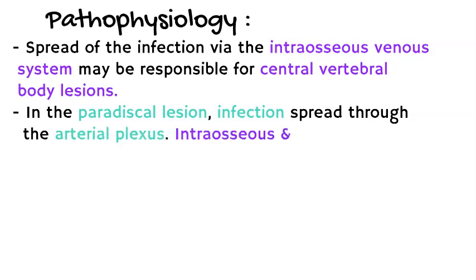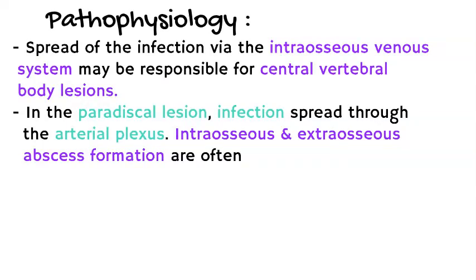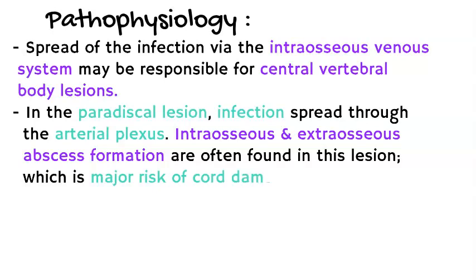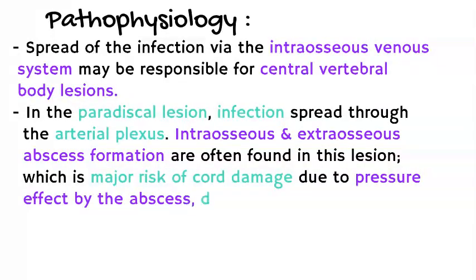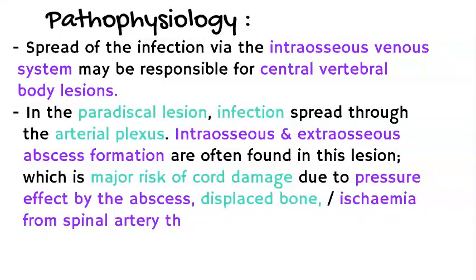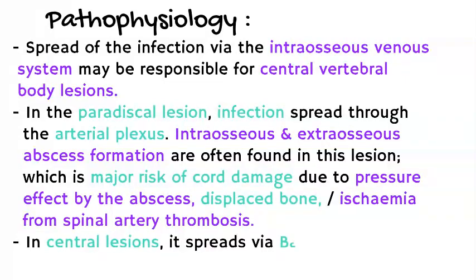Intraosseous and extraosseous abscess formation are often found in this lesion, which is a major risk of cord damage due to pressure effect by the abscess or displaced bone or ischemia from the spinal artery thrombosis. In central lesion, it spreads via Batson venous plexus, as discussed previously.